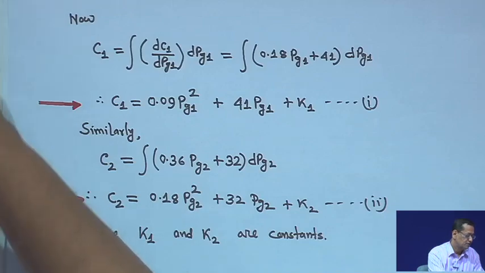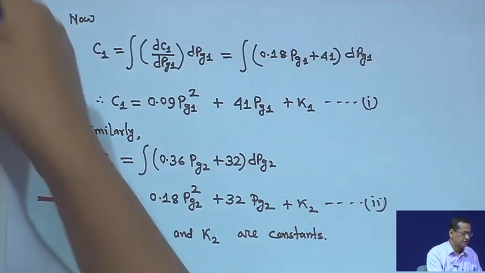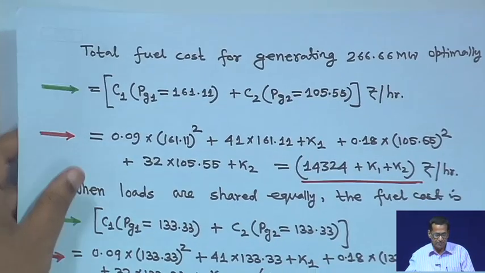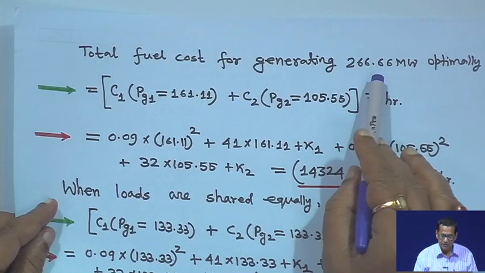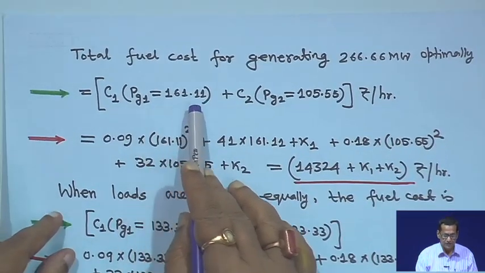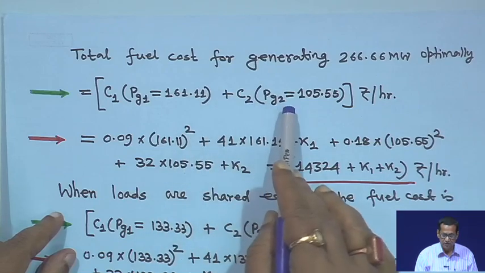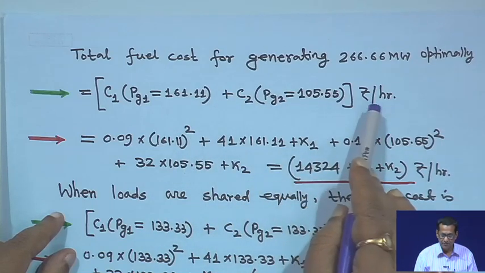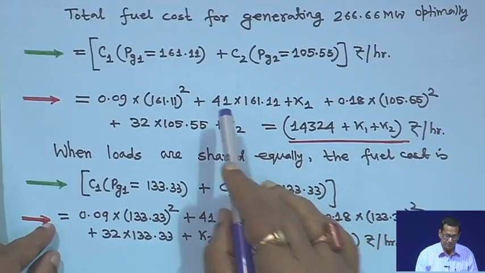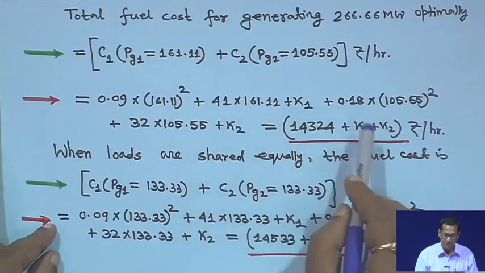Now, if you take the optimal one, that means the fuel cost for generating 266.66 optimally. We saw that Pg1 will be 161.11 and Pg2 will be 105.55. In the characteristics of C1 and C2 you substitute.